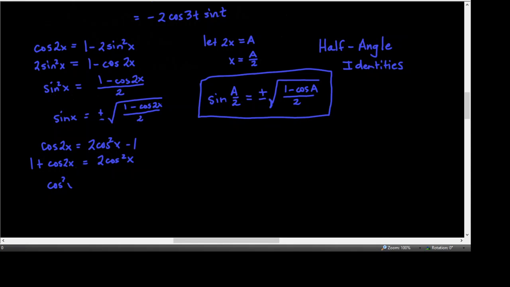I'm going to switch sides, by the way, because I'm really trying to solve for cosine, so I want it on the left side. And cosine of x is therefore equal to plus or minus the square root of 1 plus cosine of 2x all over 2.